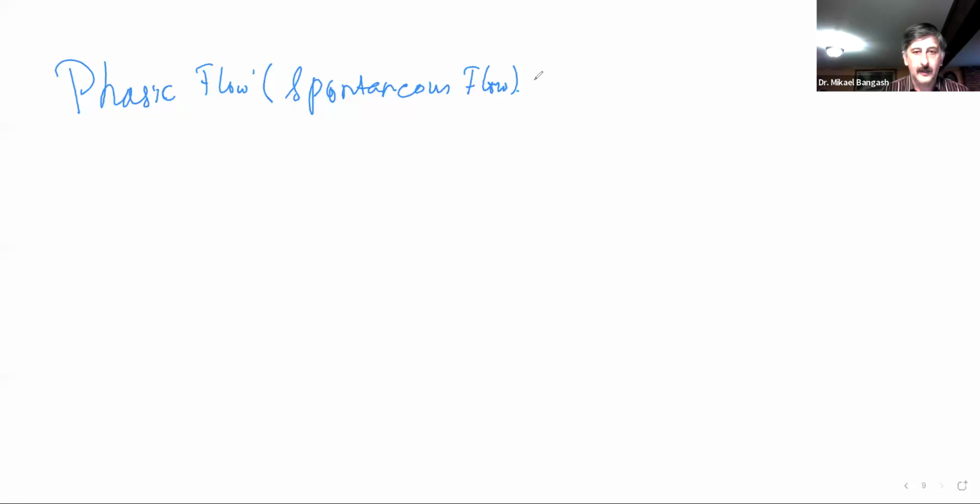Now from the color that I chose here, you most likely will be able to guess where it is that this flow occurs. And we mainly say it is going to be the normal flow in veins. So we can say it's going to be the normal venous flow.